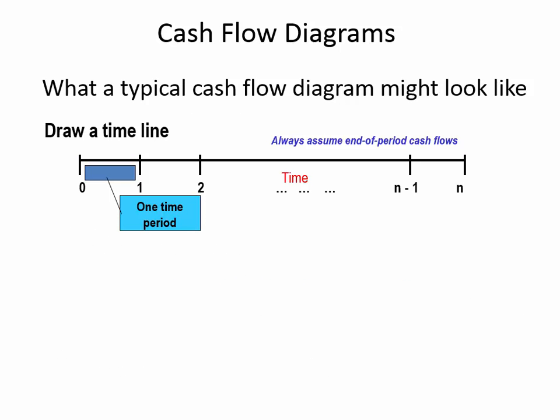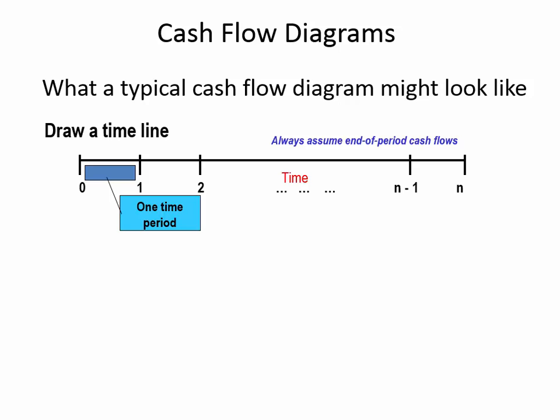So when you diagram something, this is a really basic slide. The point of this first image is to say you draw a horizontal line and you put tick marks on it. And each of the tick marks represents whatever your time period is. It maybe is months, maybe it is years, but you do as many tick marks as there's going to be periods in your description.